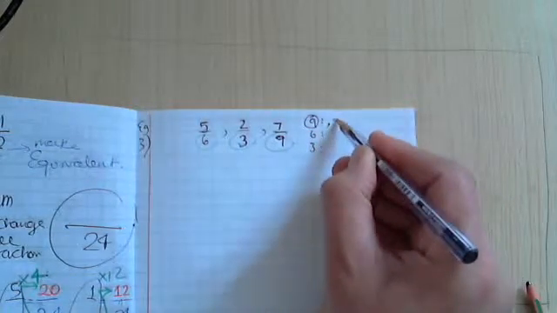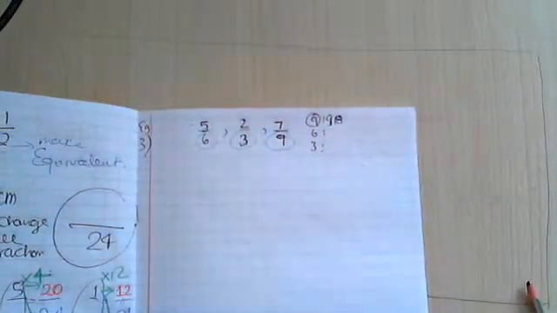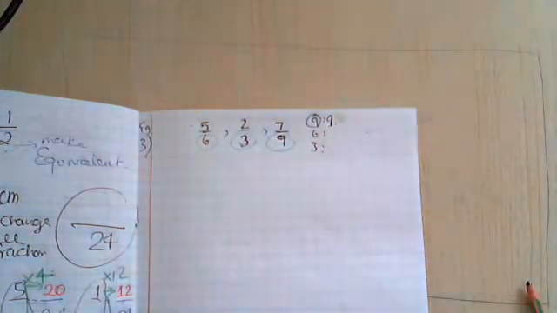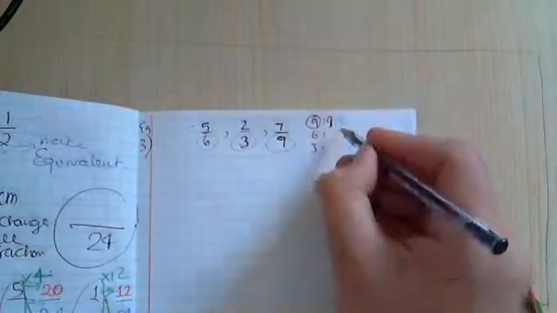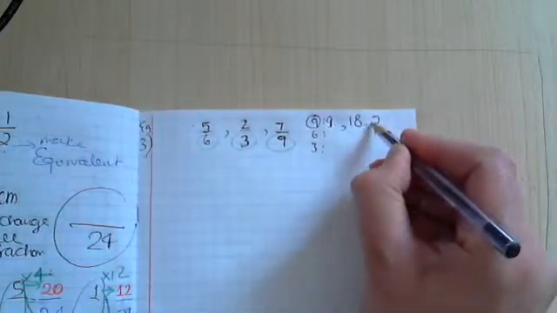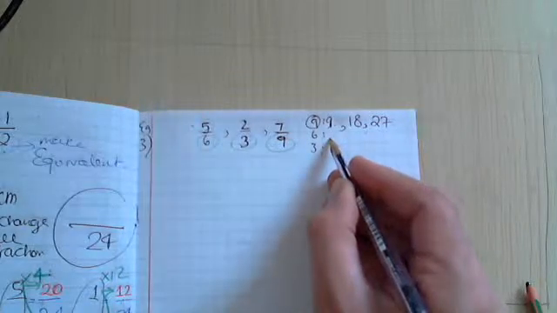So the 9 times table, we have 9, we have 18, and the next one will give us 27. Now, is 9 in the 6 times table?